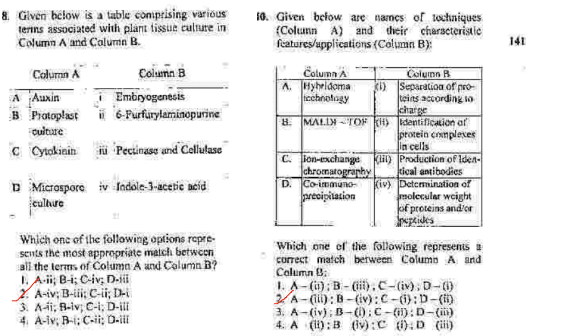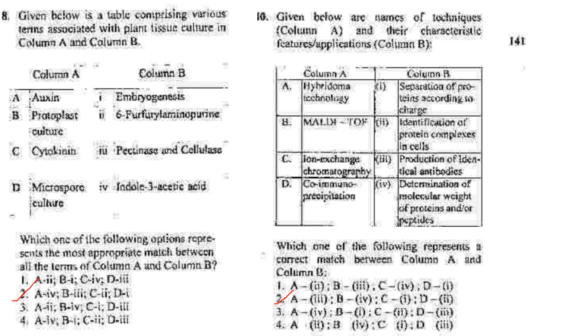Then next one. Given below is a table comprising various terms associated with plant tissue culture in column A and column B. Which one of the following options represents the most appropriate match between all the terms of column A and column B? So it is a match the following question.